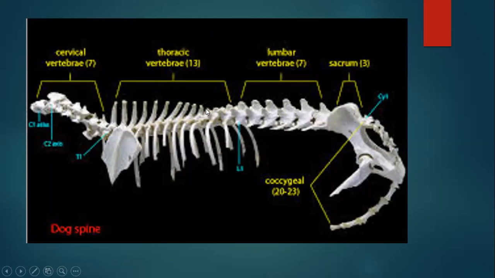And then this is the anticlinal vertebra, and after the anticlinal vertebra, the spinous processes of those thoracic vertebrae are leaning towards the head, or cranial.